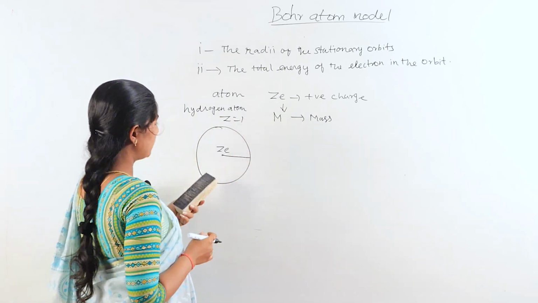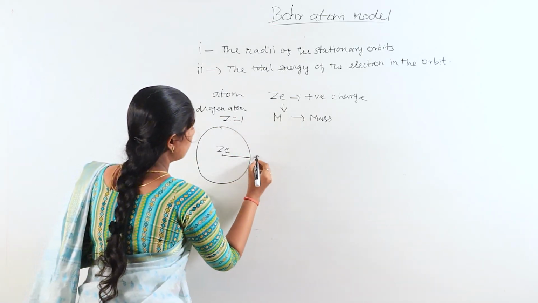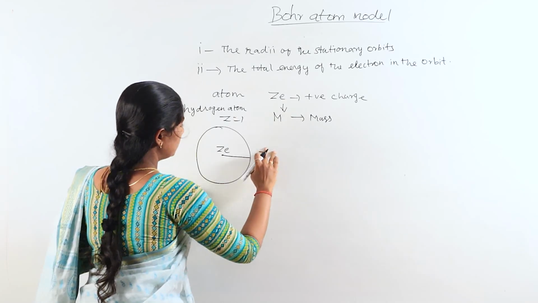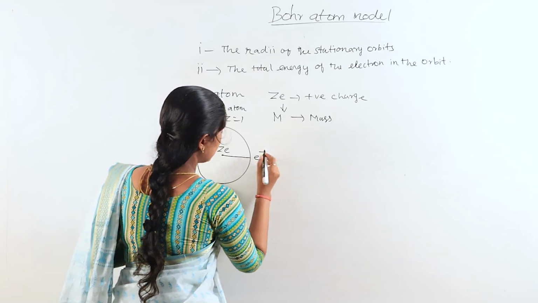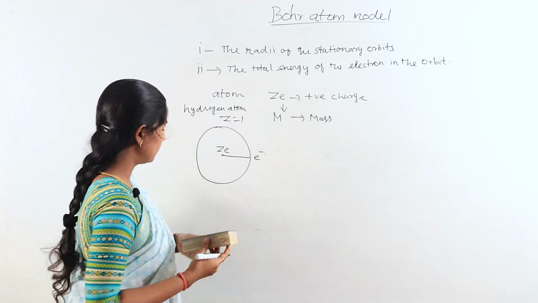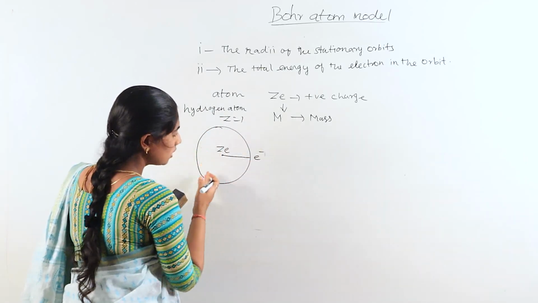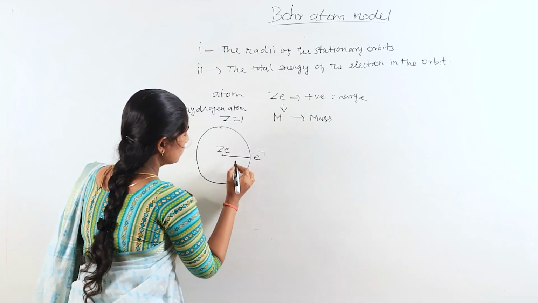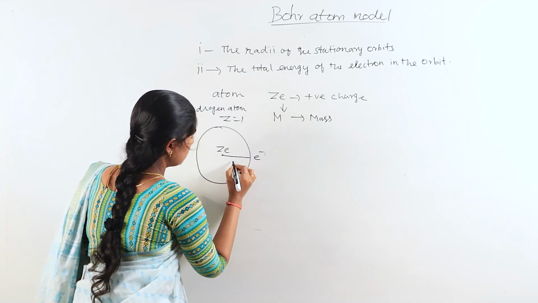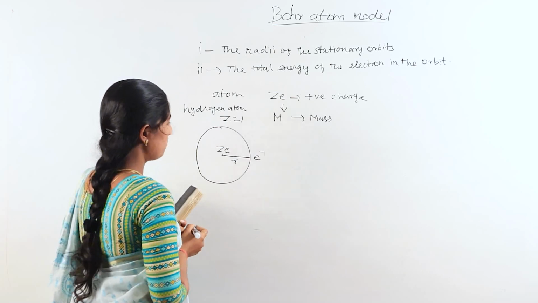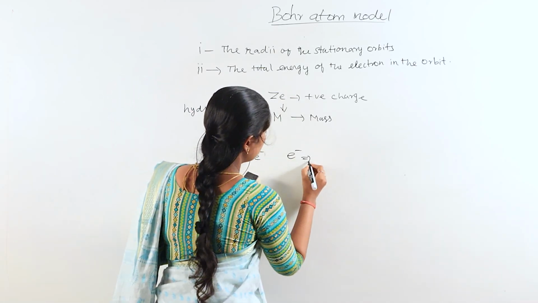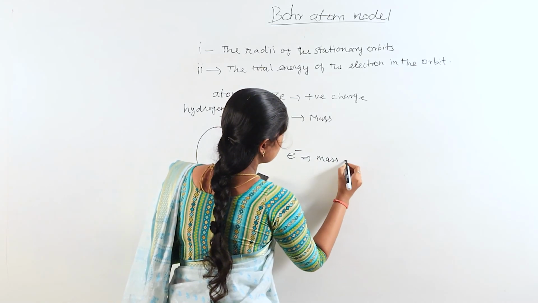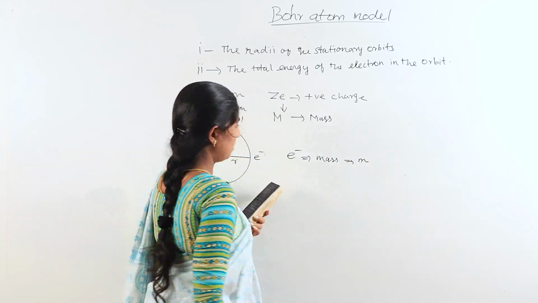For the hydrogen atom, we know the electron has a negative charge, so I kept the symbol here, and it's revolving around the nucleus. The radius of the orbit is r. The electron mass is represented by a small letter m.